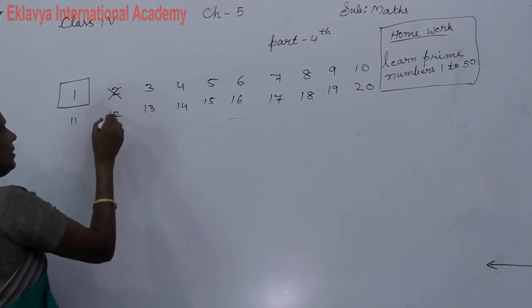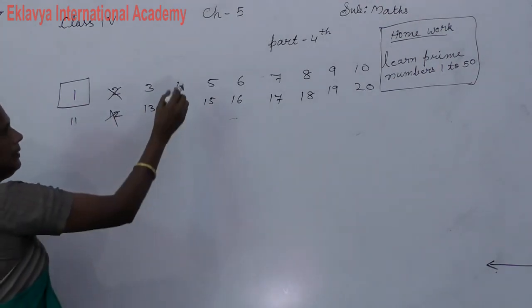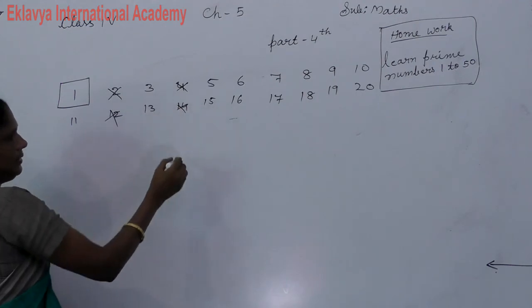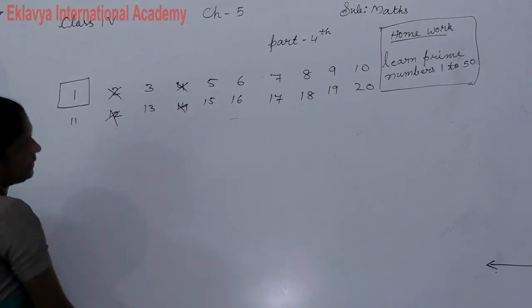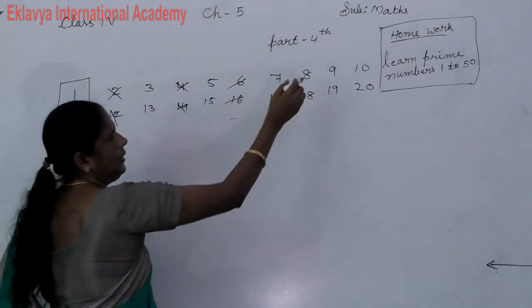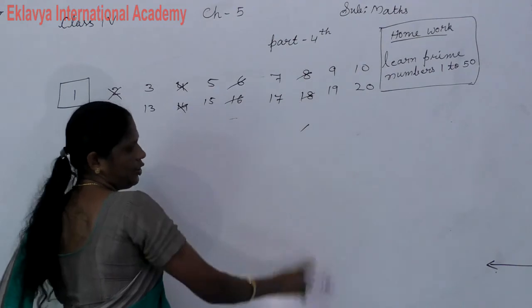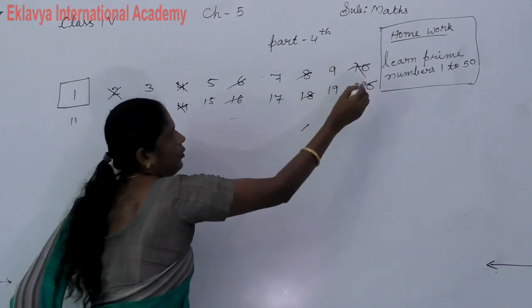Then the line of 2, the even numbers, this line you also cut. Then you cut this line, then this line, then cross.